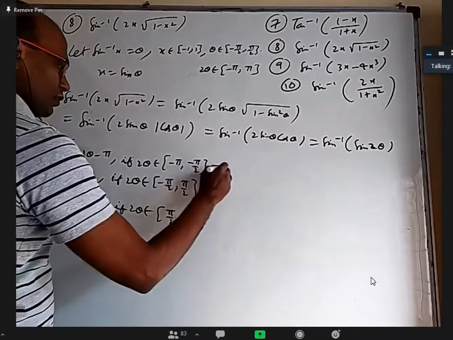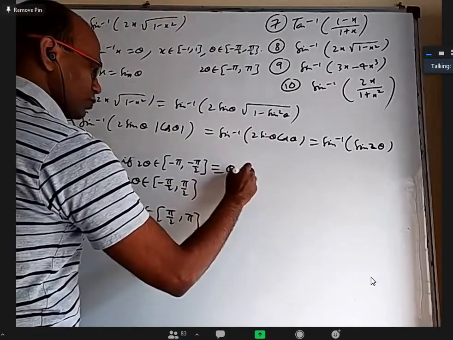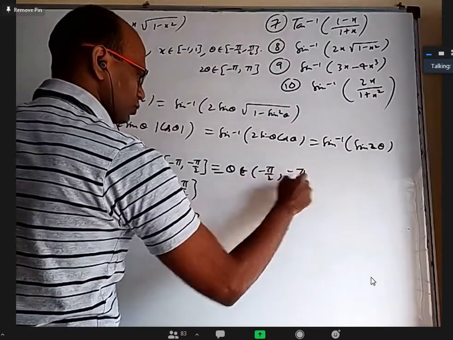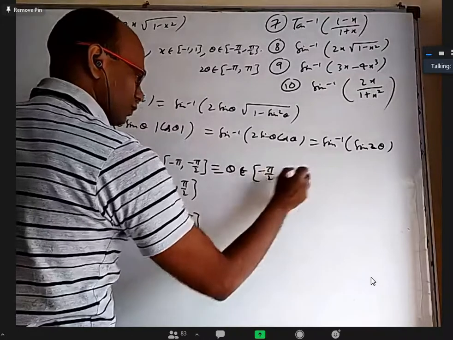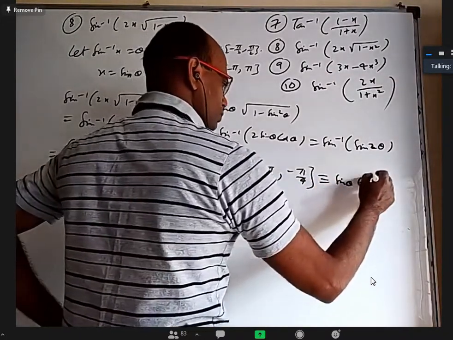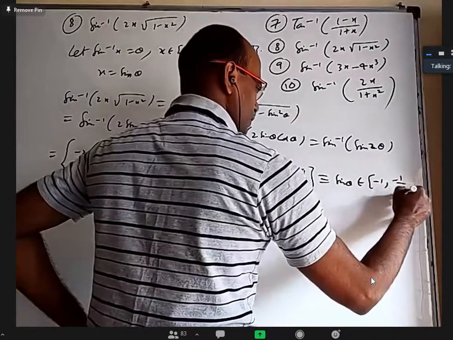Okay, so this is equivalent to theta belongs to minus π by 2 to minus π by 4, which is equivalent to sine theta belonging to minus 1 to minus 1 by root 2.